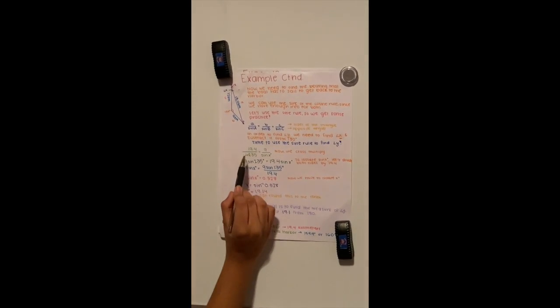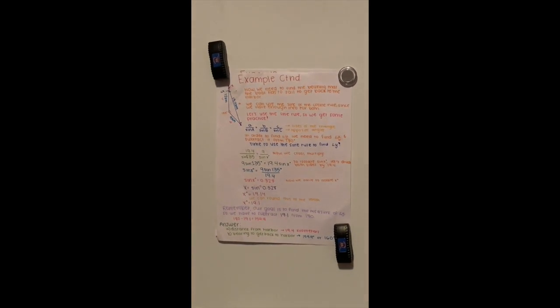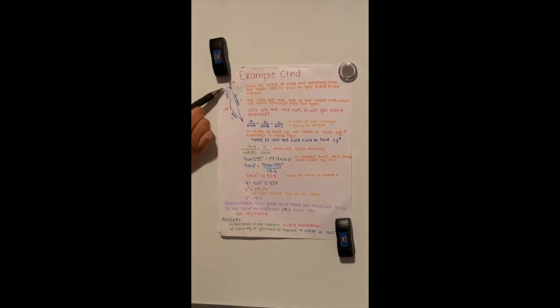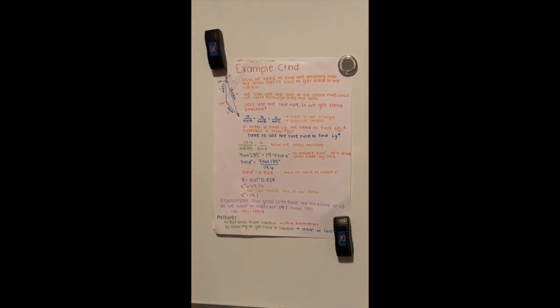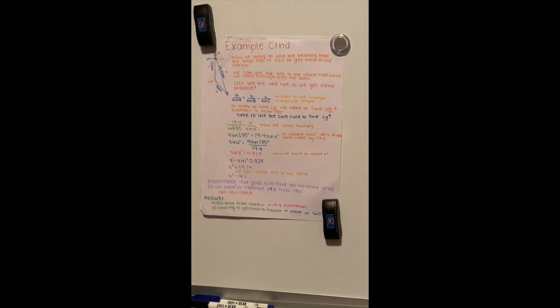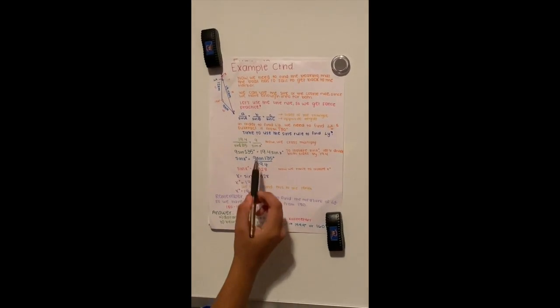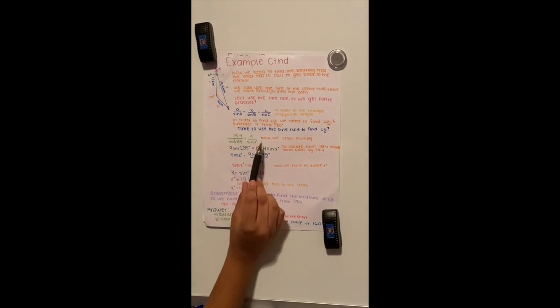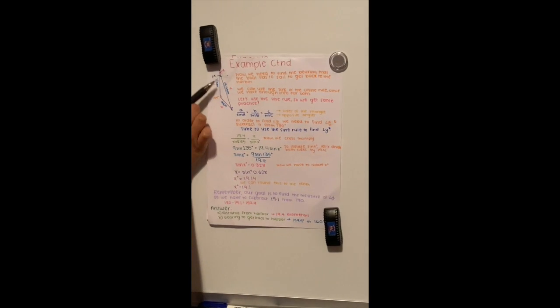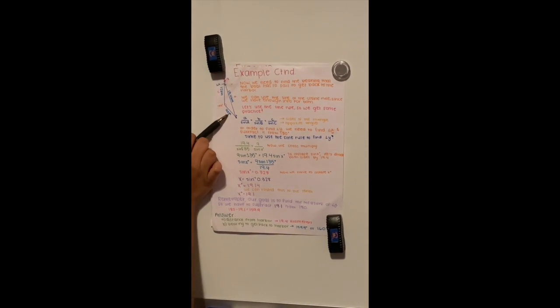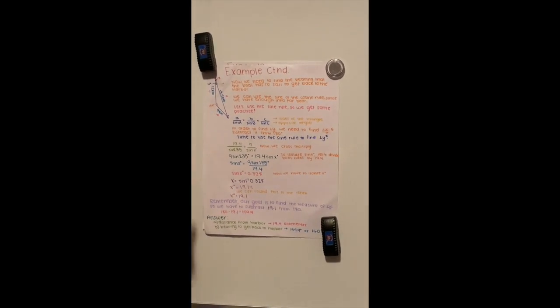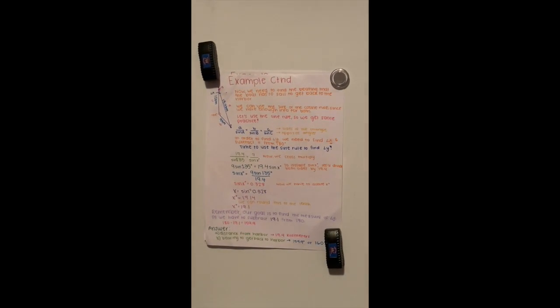So the sine of 135. Now, we're finding this angle. So that's going to be one of the denominators, but we don't know what it is. So we're just going to call it angle x. So the denominator is sine of angle x. The opposite side is side b, and that's equal to 9 kilometers. So that's going to go in our numerator.